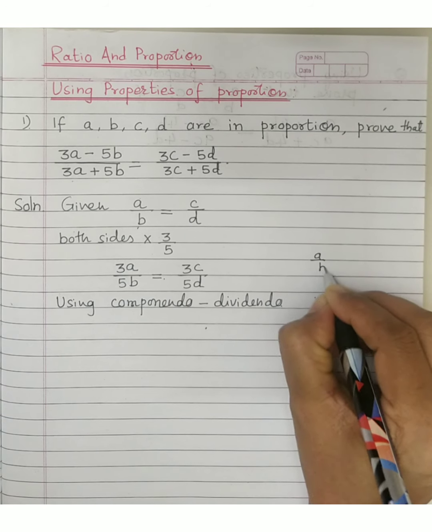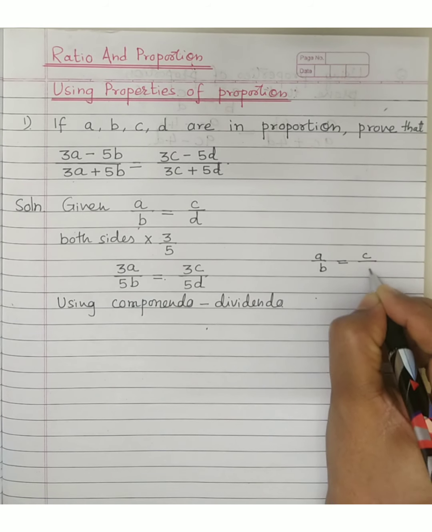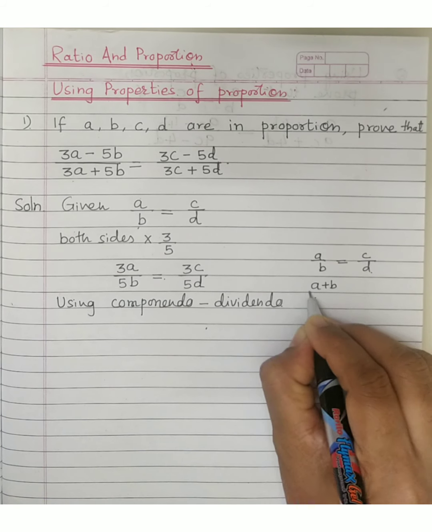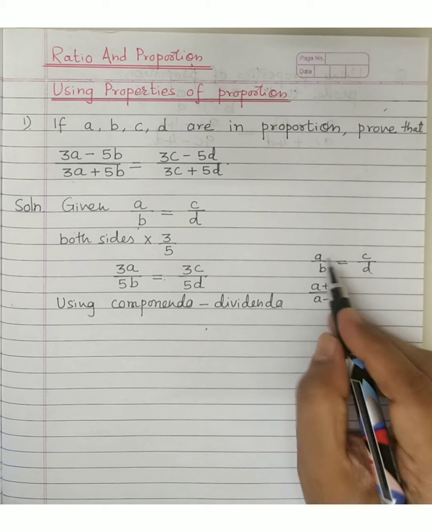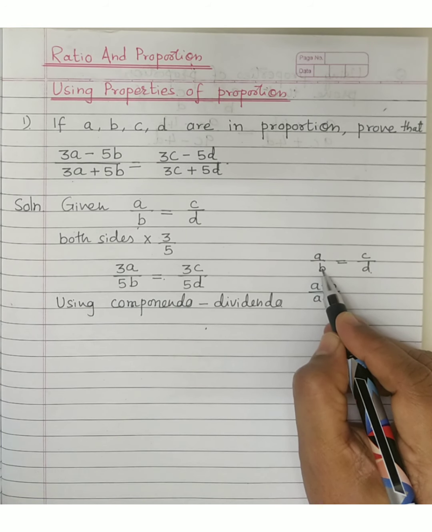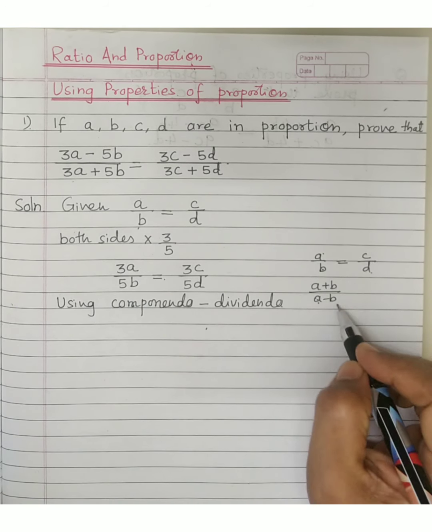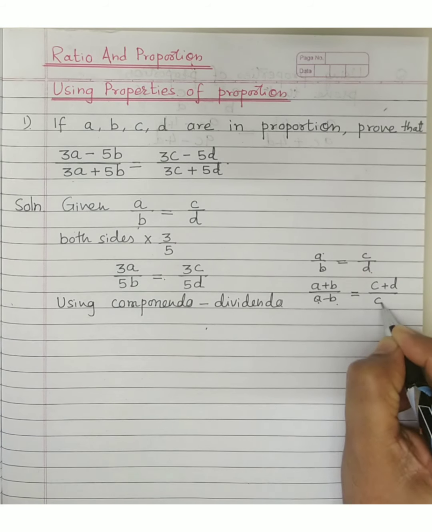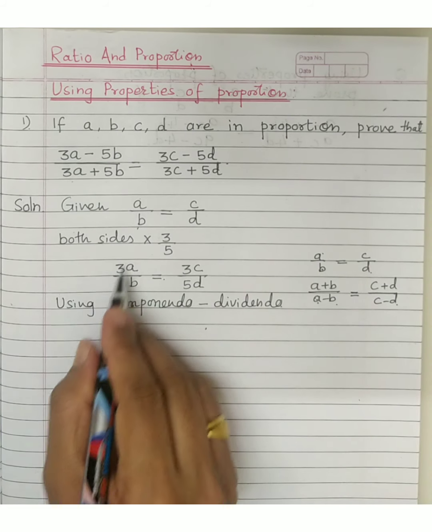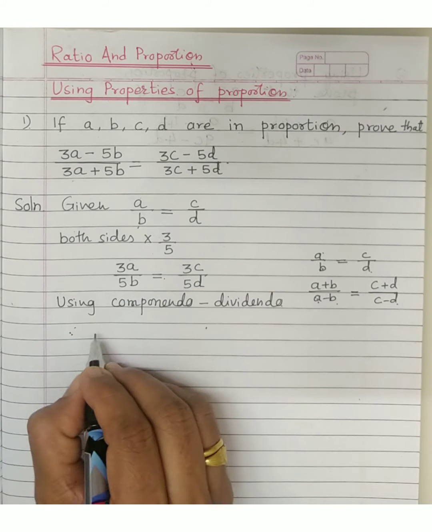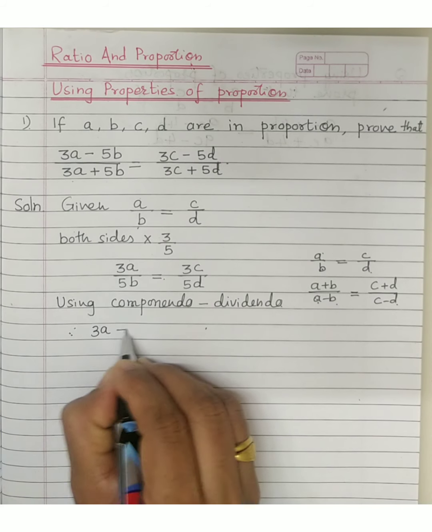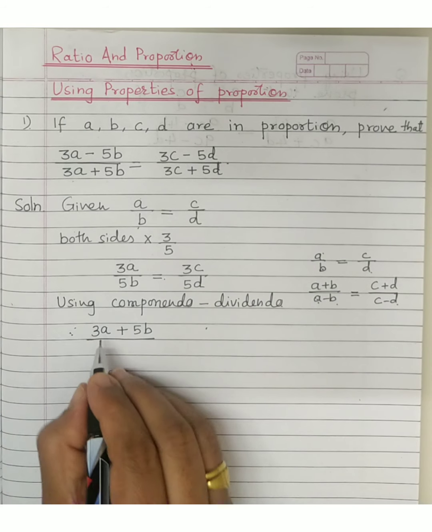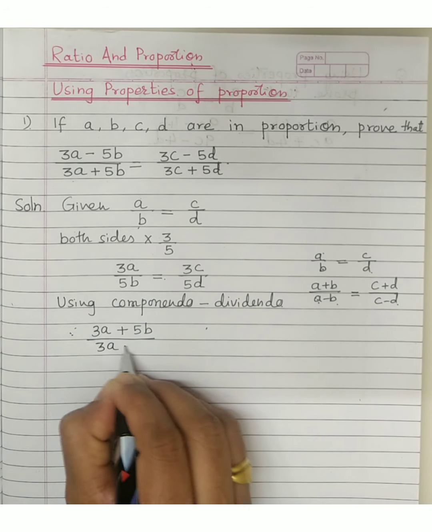If we have A upon B is equal to C upon D, then the result is (A plus B) upon (A minus B), numerator plus denominator upon numerator minus denominator, is equal to (C plus D) upon (C minus D), right? So here if I apply, what will I get? (3A plus 5B), right? Numerator plus denominator upon (3A minus 5B).